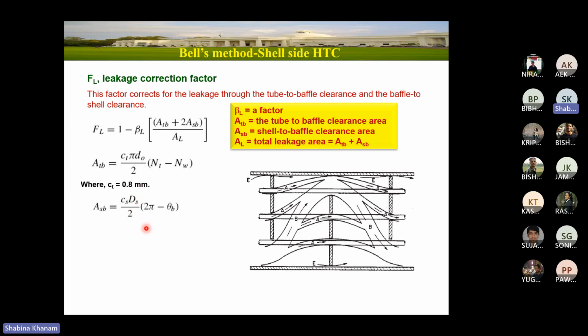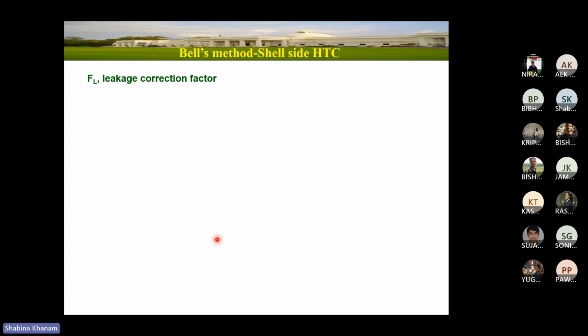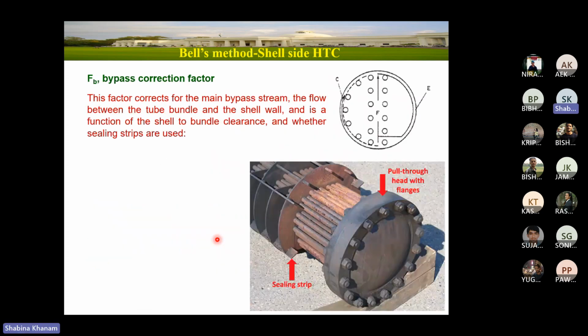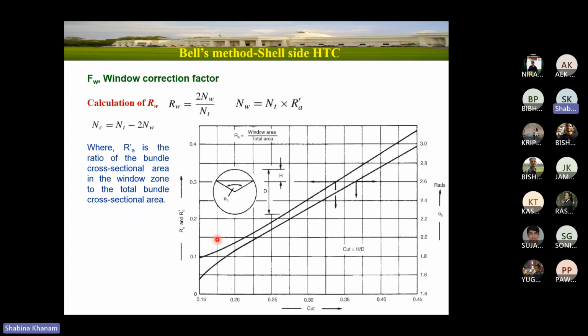Ds is the shell dia, you know already, 2 pi minus theta b. 2 pi minus theta b means the baffle periphery. I hope you are getting my point. So 2 pi minus theta b means we are counting this distance or this periphery.